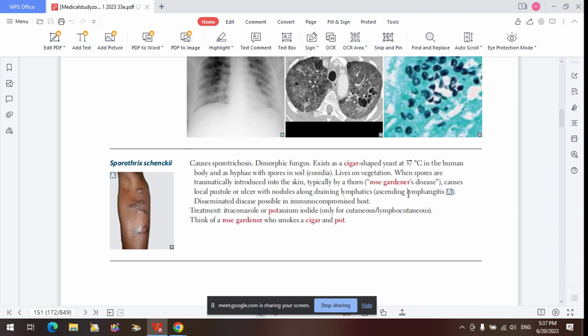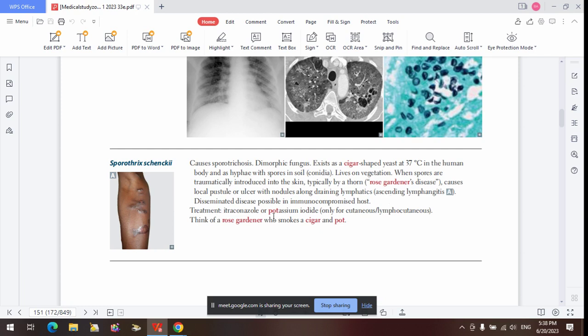So rose gardeners and farmers planting rose flowers can easily get infected with this Sporothrix, because once the rose flower scratches their skin, once there's a trauma from the flower on the skin, you can introduce the spores into that area. Then the organism starts proliferating and causing problems. It can cause erythema or an ulcer at that area. So that is cutaneous sporotrichosis.